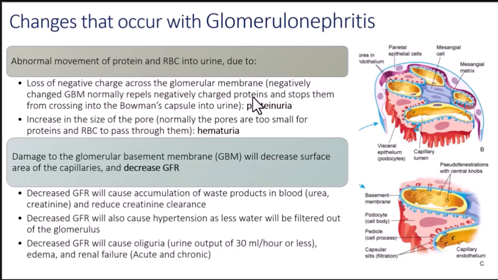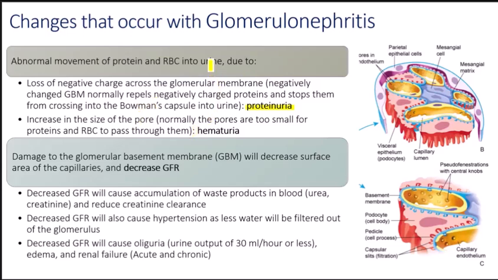So first off, protein in the urine. This is more appropriately called proteinuria. And this occurs primarily because of loss of negative charge across that glomerular membrane, the capillaries membrane. Under normal circumstances, when working properly, the negatively charged glomerular basement membrane is normally going to repel the negatively charged proteins. And that's going to stop them from crossing into Bowman's capsule and then ending up in the urine.